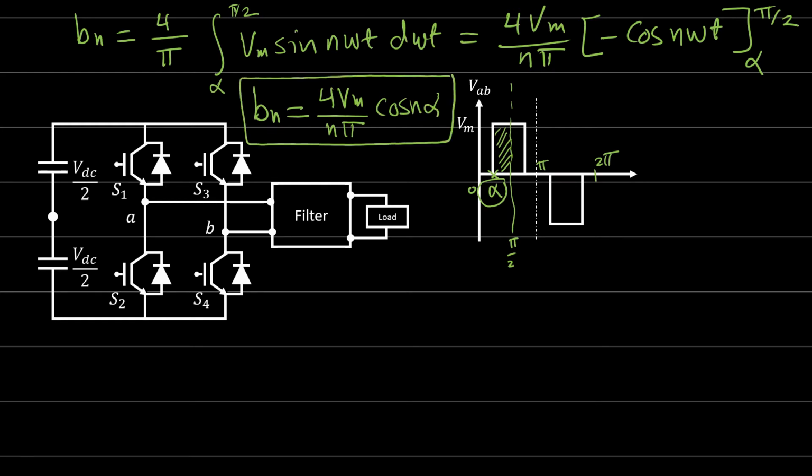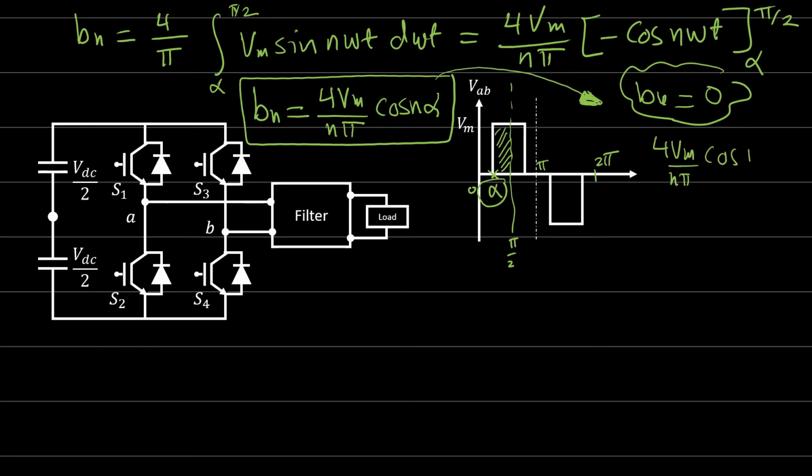We need to think about this value. Now when this value equals 0, we can say that B_n is equal to 0 at some points, right? When V maximum over n pi cosine n alpha is equal to 0, when the cosine value equals 0, because 4 times V maximum will never be equal to 0.